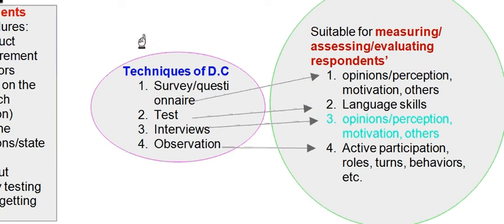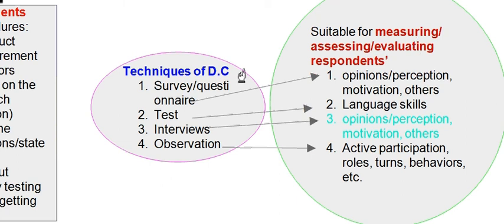Actually, what are the test or survey useful or suitable for? You can see here in the bigger circle that these four techniques have their own conditions, their own characteristics for getting the data.